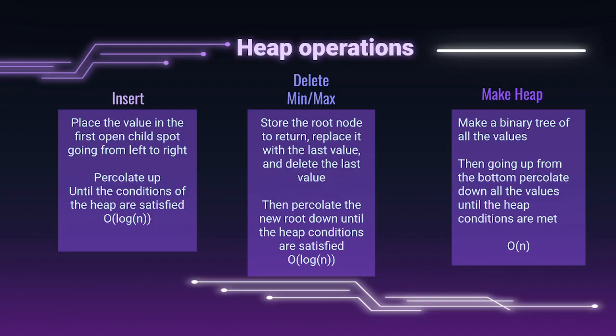For a max heap, it's the opposite. Since you want bigger elements at the top and smaller at the bottom, you find its parent, and if the parent is less than the element you inserted, you swap. That's the difference between min and max heap.